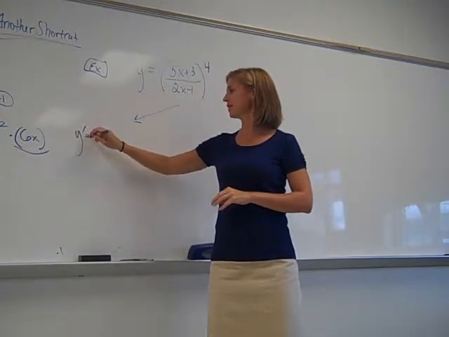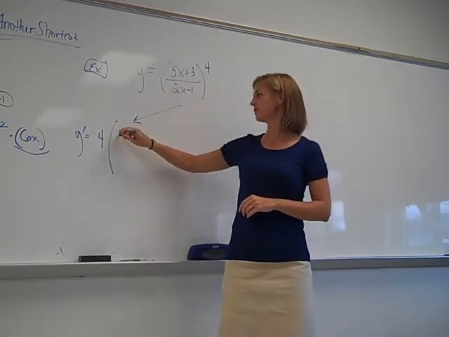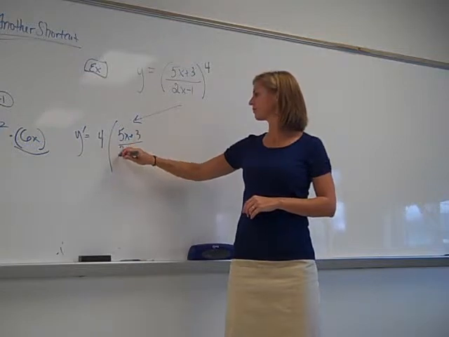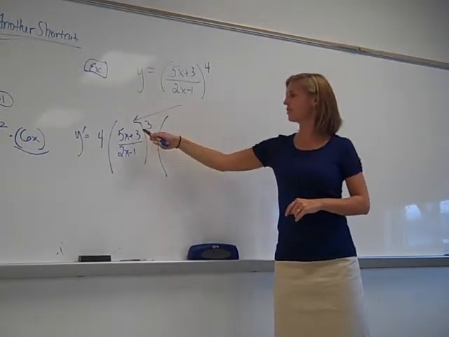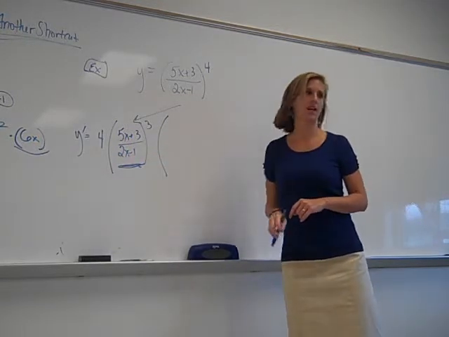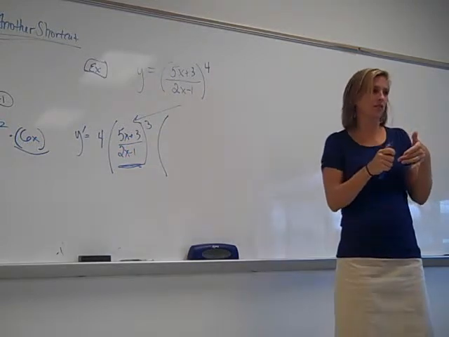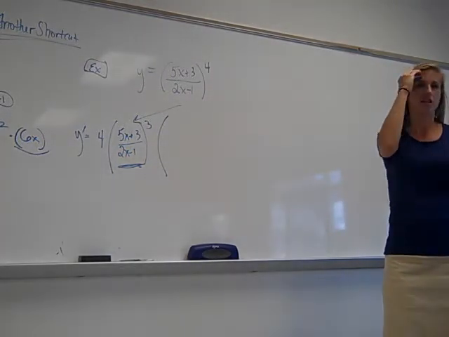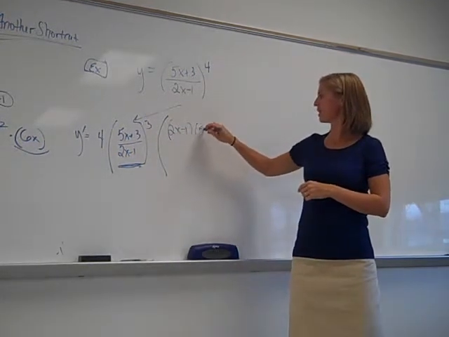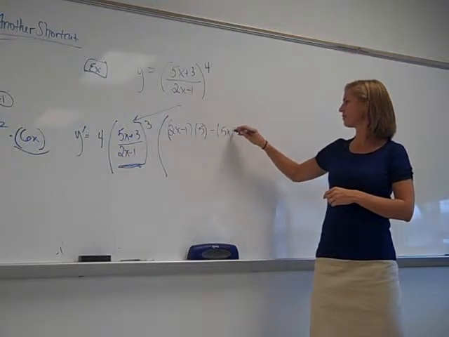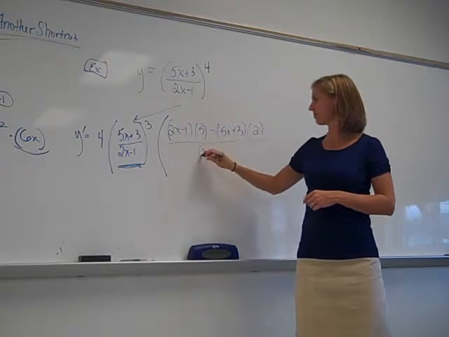So the derivative would be 4 to the front times all of this left alone to the third, and then I have to chain on the derivative of this whole thing that's inside. What do you need to use to take that derivative? Quotient rule. Since it's a quotient, it's the bottom times the derivative of the top minus the top times the derivative of the bottom over the bottom squared.